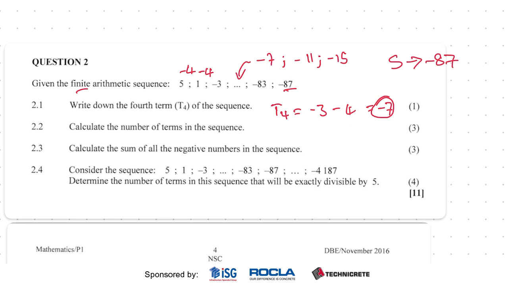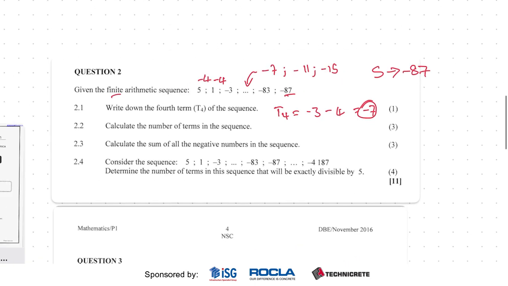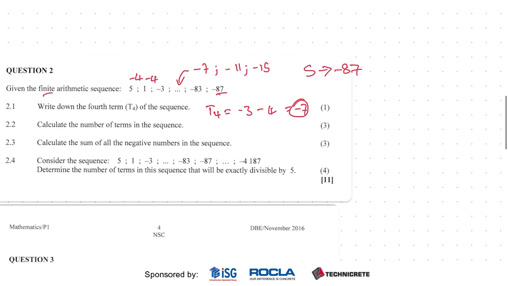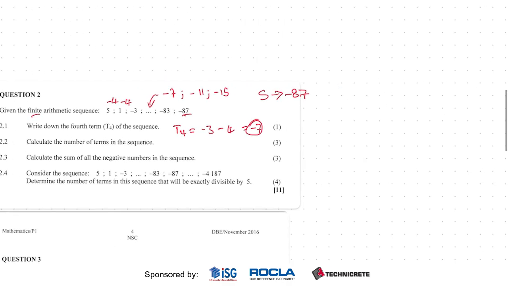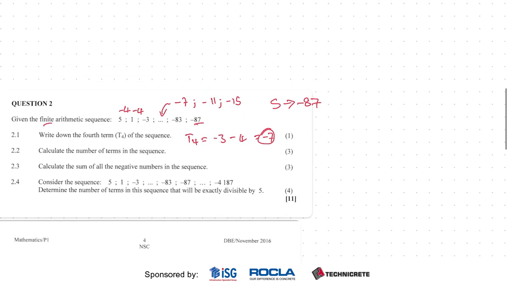Calculate the number of terms in the sequence. There are a couple of ways to do this. It's going from 5 to negative 87 with a difference of negative 4. You can do this a couple different ways, but we'll do it the proper way. If it wasn't such a straightforward sequence, how would we figure out the number of terms? Maybe if it's really large, or we don't know exactly what all the terms are. Let's just say it's a more complicated case.